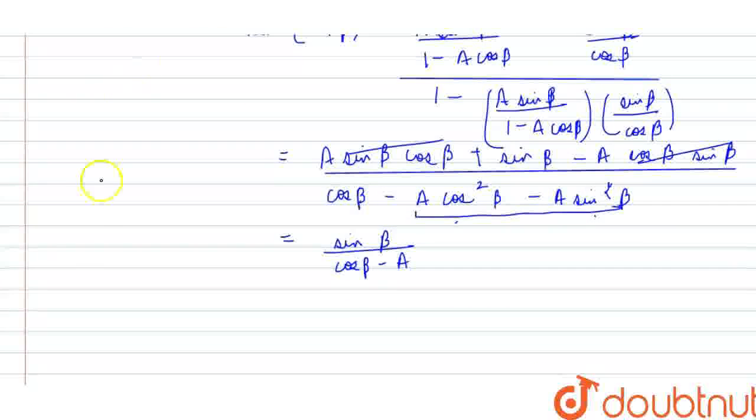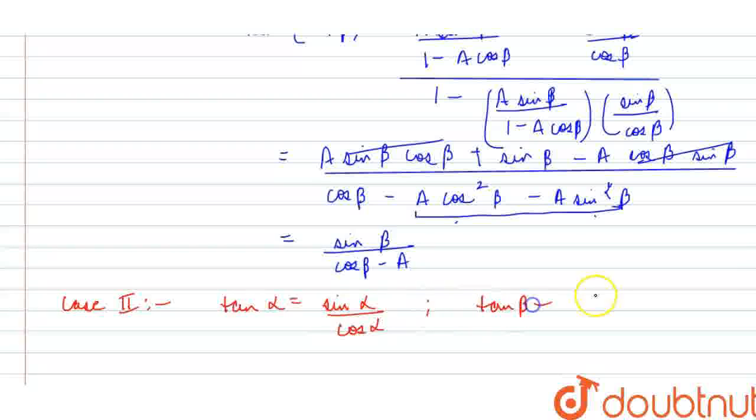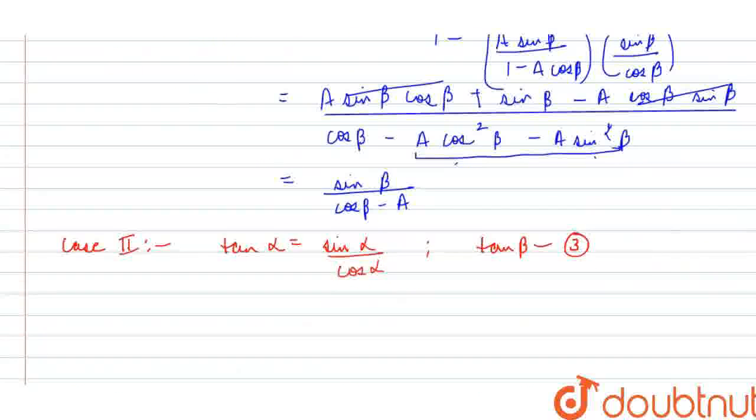Now what I'll be doing here is considering case 2 which I was talking about. In case 2 I'll be using the value of tan alpha, that is sine alpha upon cos alpha, and I'll be using the value of tan beta as what we have found out in equation number 3. So let's solve that.